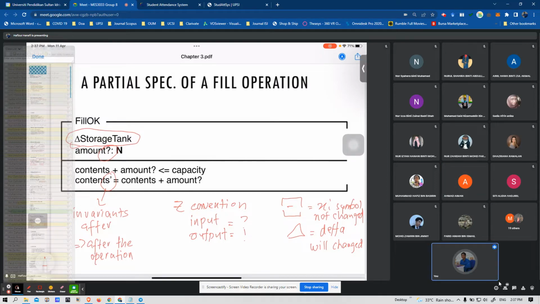Oh, kamu tidur lah. Kamu bagi invariant before, saya nak invariant after. Okay, Nur Izian, apa maksud invariant? Ada ke Nur Izian Hanani? Apa maksud invariant tadi?